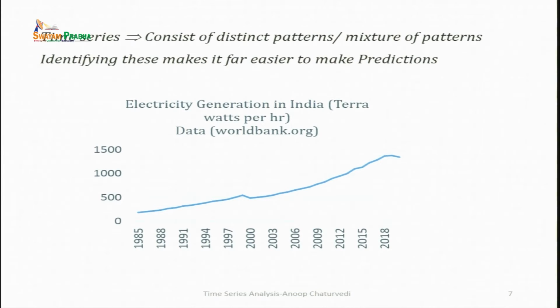So, that is why this time series is unable to capture the seasonal fluctuations, but it has an increasing trend. Of course, sometimes electricity generation decreases in some particular years, but in general it has a tendency to increase.